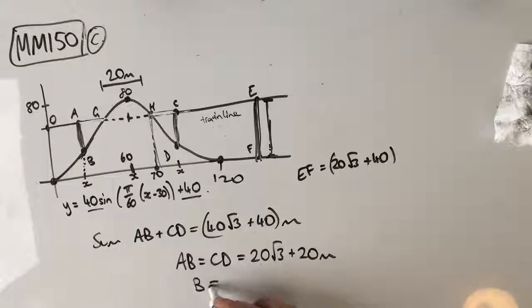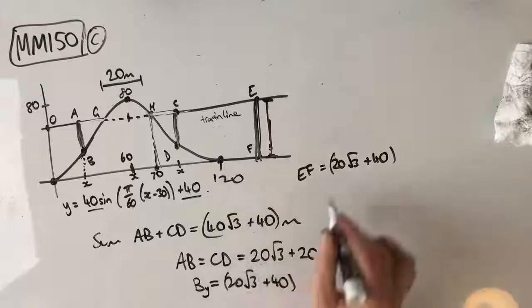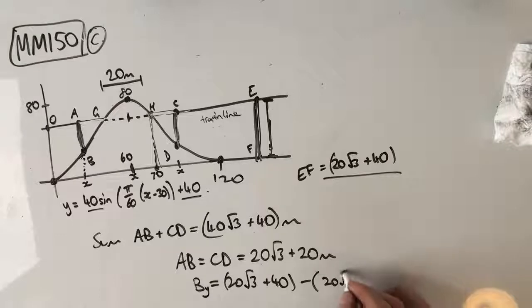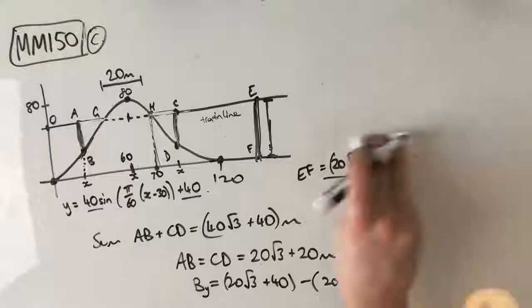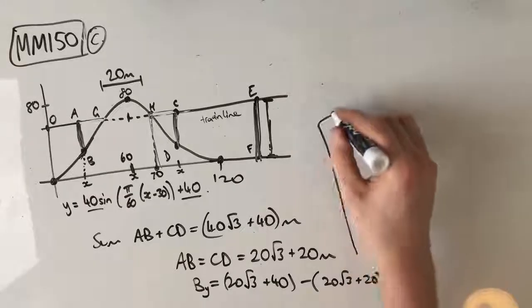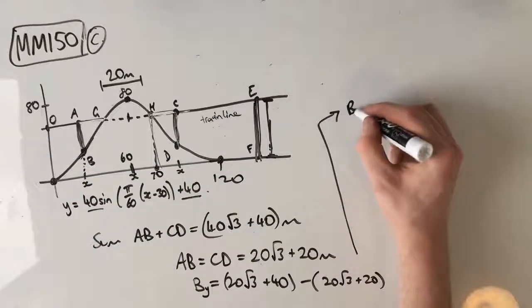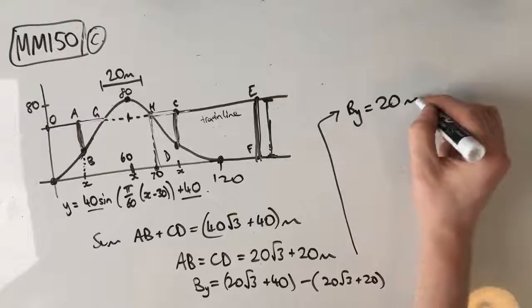So the y distance is equal to 20 root 3 plus 40, which is EF, minus AB, which is 20 root 3 plus 20. Okay, so let's just get rid of this, which means that B is 20 meters above the ground.